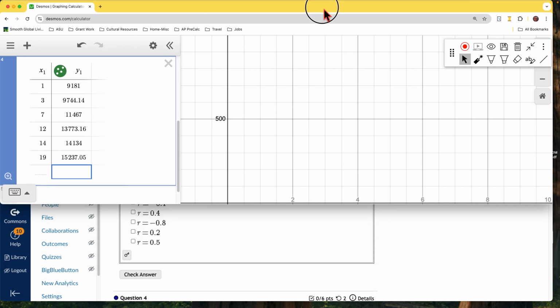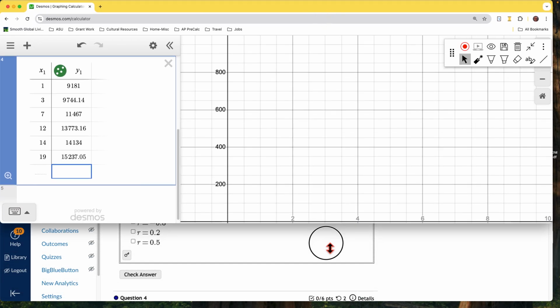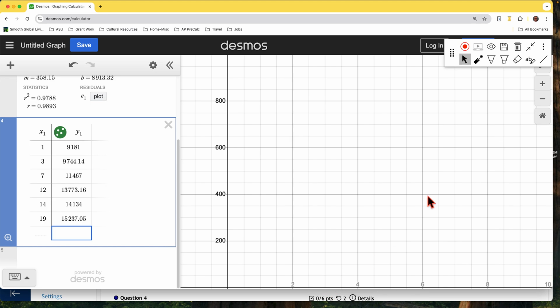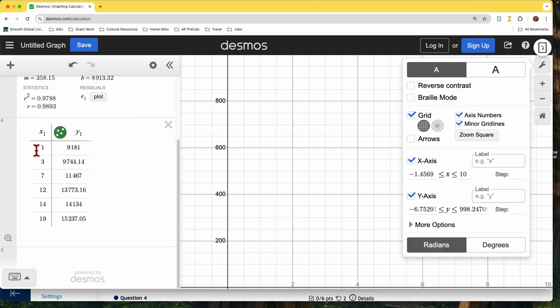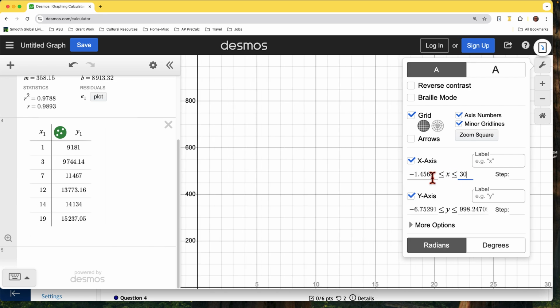So I'm going to make my table a little bigger. And I'm going to go to the wrench to set up my window. My X's are going from 0 to 19, so I want to see at least to 20, maybe to 30. I'll go to 30. I like to be just a little bit to the left of the y-axis, so I'm negative something.